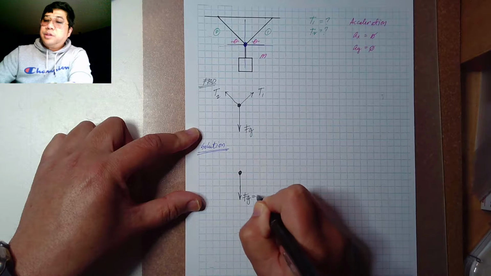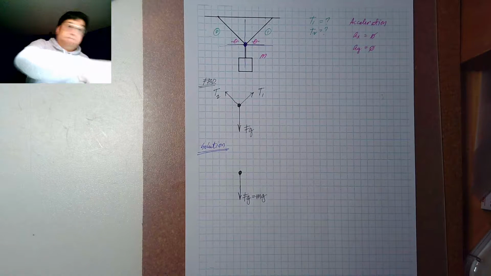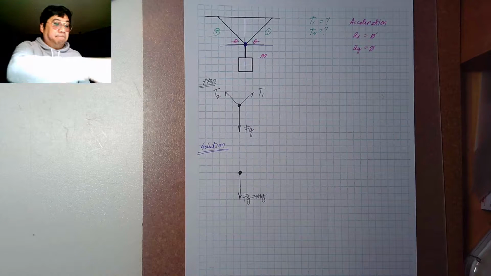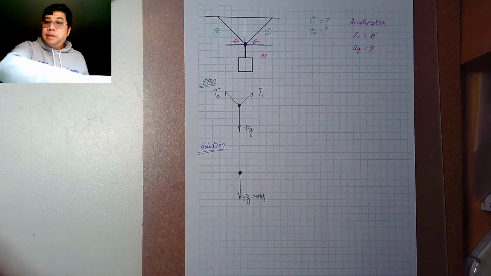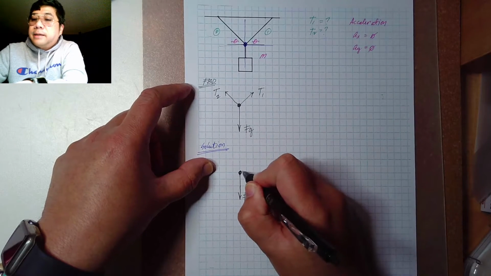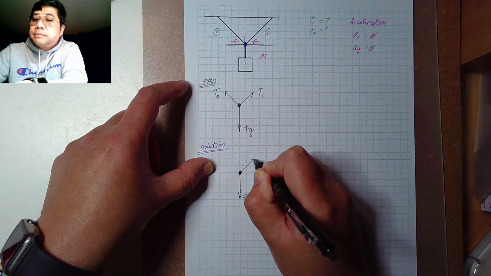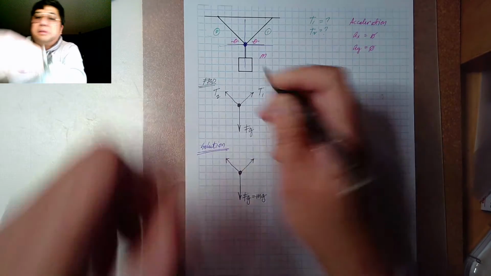That F of g is simply equivalent to mg. So we can draw this one again, and then let's analyze and see the differences or any similarities.